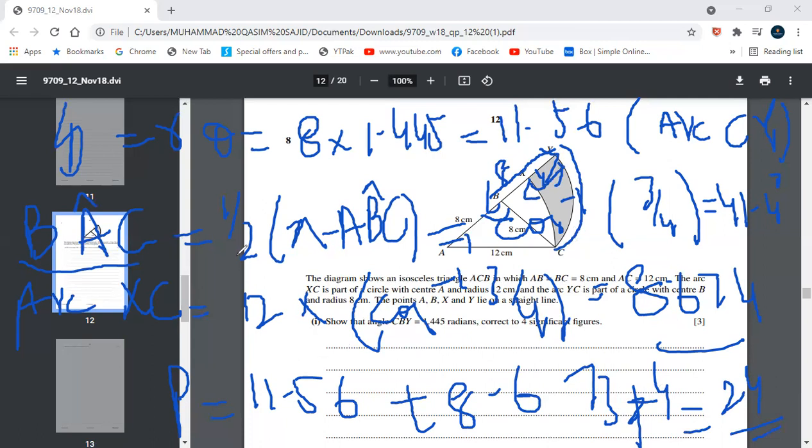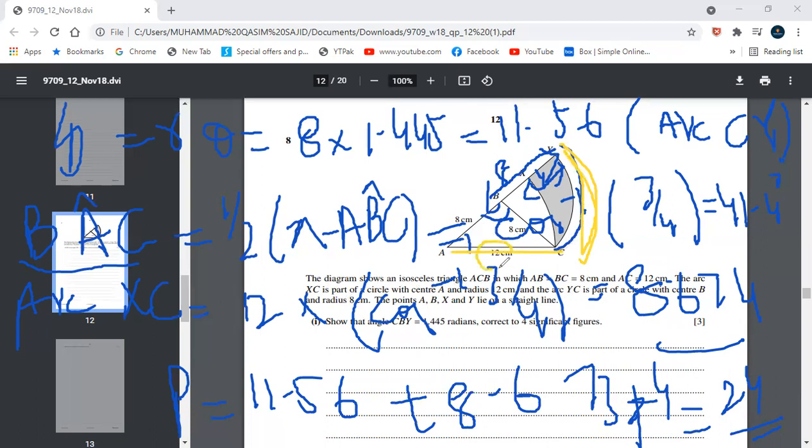Here below it's 12. Arc XY, basically what the value of XY is, this longer cross section XY. So it depends on the value of AC.